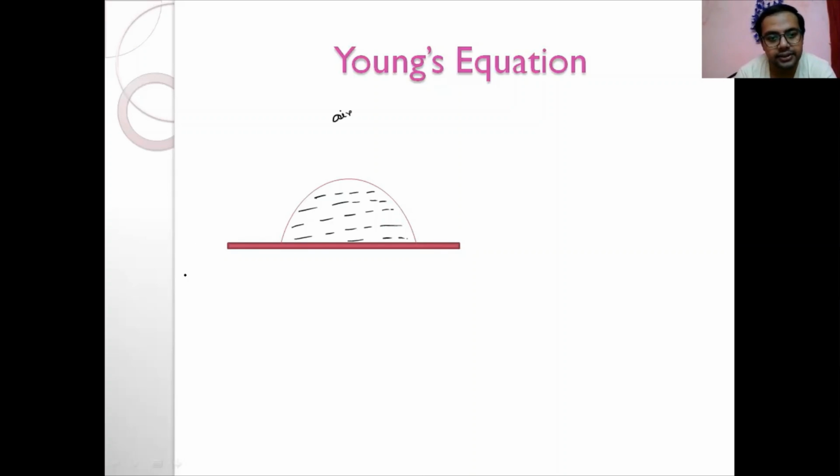It is a solid surface. Over some solid surface, there is a droplet of water. So this is the water or liquid. There is a liquid portion, the gaseous or vapor portion, and the solid surface.